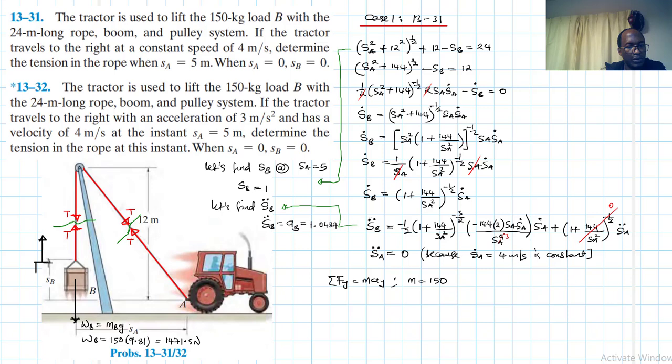This is our kinetic diagram. This is our MA.